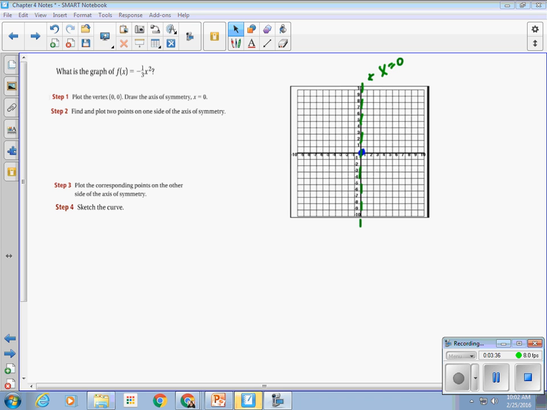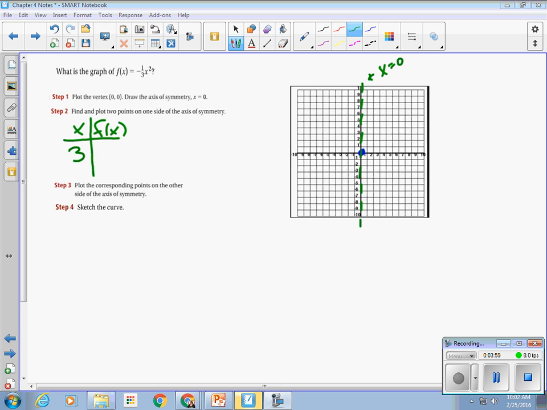Step number 2, we're going to find and plot 2 points on one side of the axis of symmetry. So I'm going to go x and then f of x. So 1 point on the right-hand side, and I'm going to pick these strategically. It's not going to be by accident. I'm going to go ahead and pick 3.